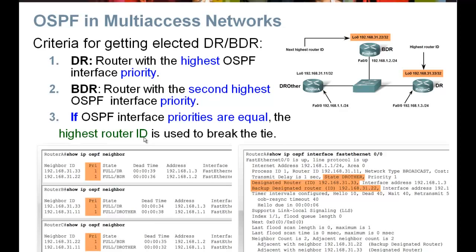So if there's a specific router that I want to make the designated router, I change his interface priority to 3. And then if there's a router for a backup, I change his priority to 2. And then when all the routers come up, the 3 will obviously be the highest priority and he'll be picked. The 2 would become the backup, and then everybody else would be 1s. So remember, the default priority is 1, and then I can change that.